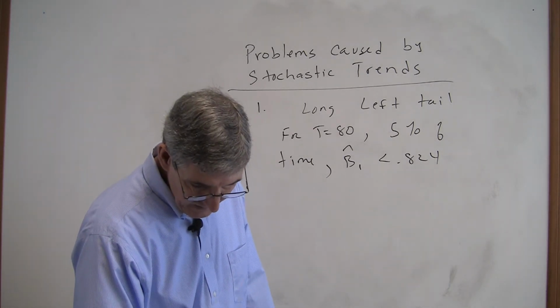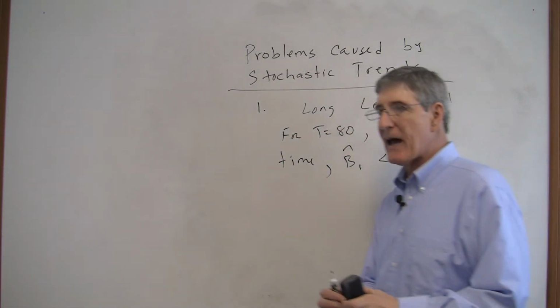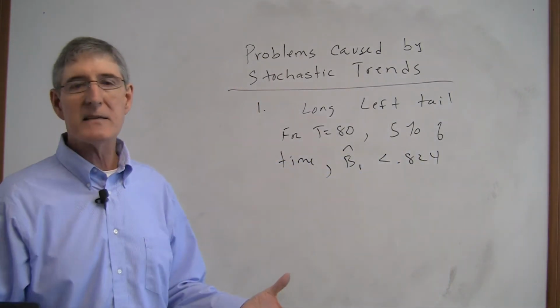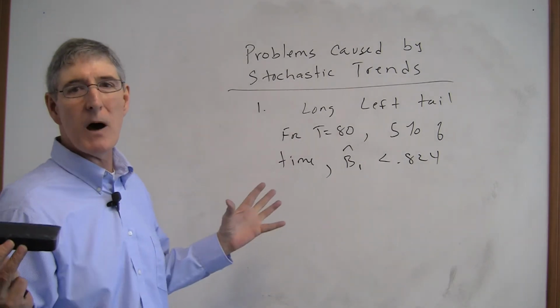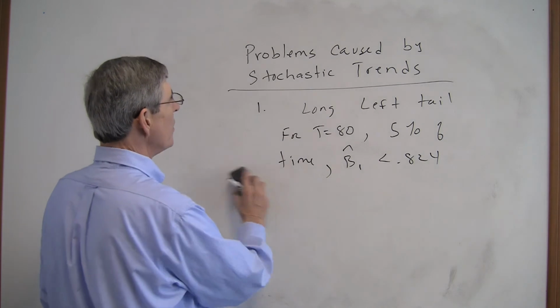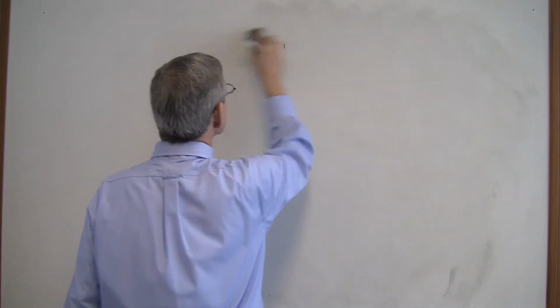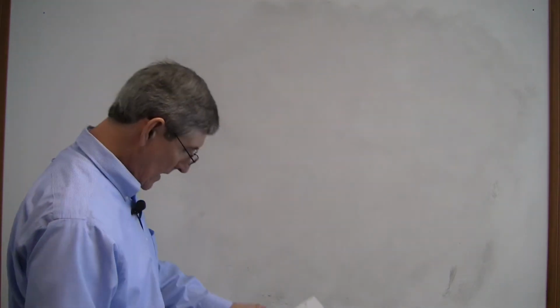So the implication is that if you just naively estimate a model with a stochastic trend with OLS, even more complicated AR models, you're going to get this downward bias and you're going to get really poor forecasts. And if you were searching for the truth, you wouldn't find it.